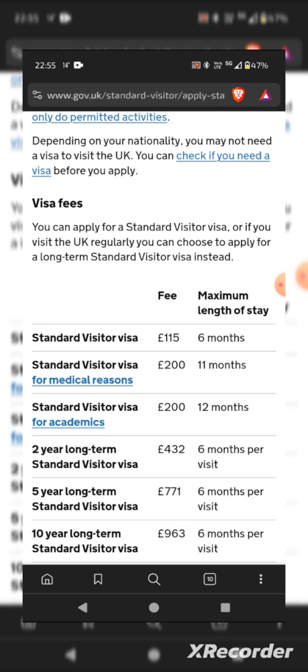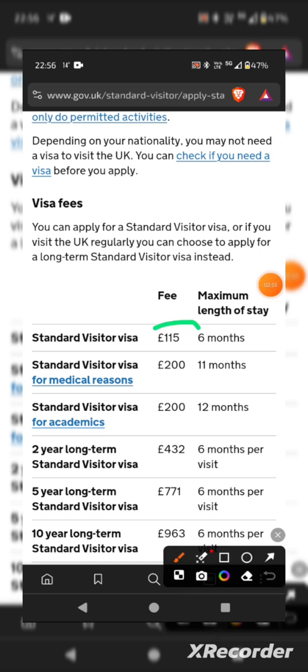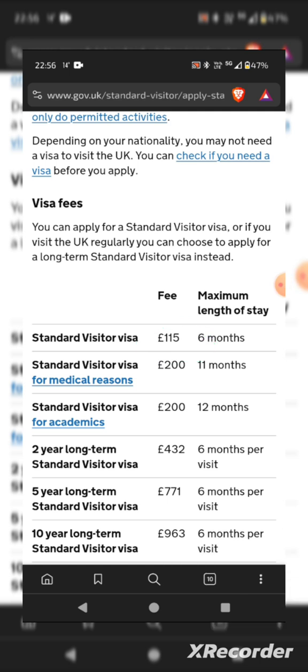If you're in Africa, you pay two types of fee. This fee you see here, £118, is to the UK government. However, the UK government has partnerships with other companies like VFS and TLS.